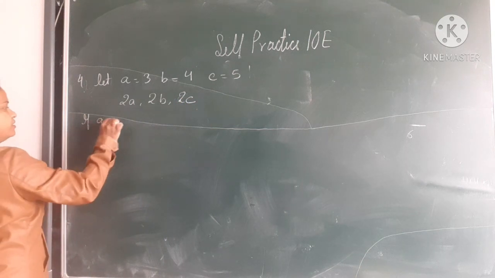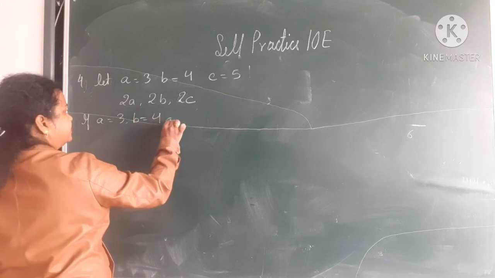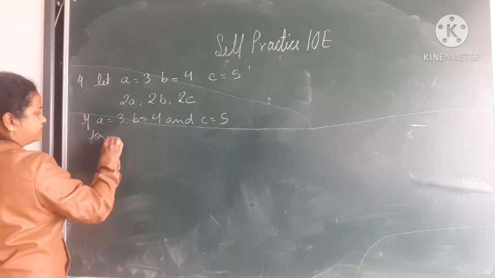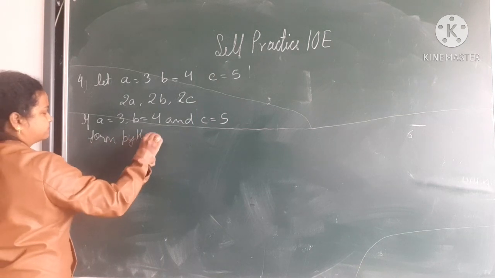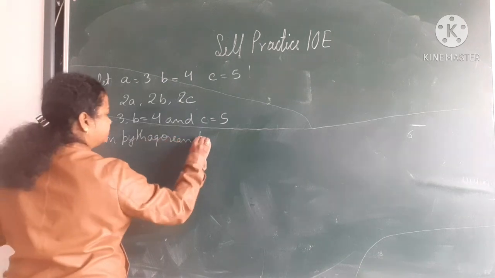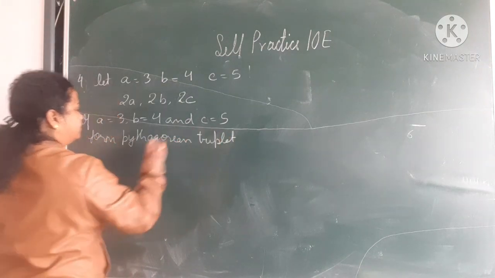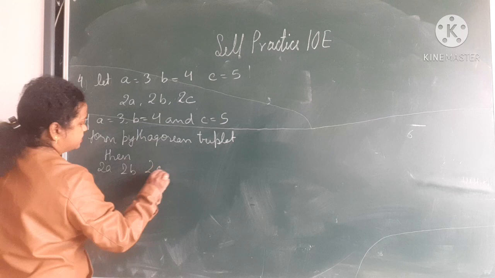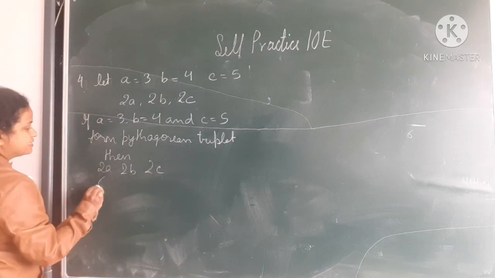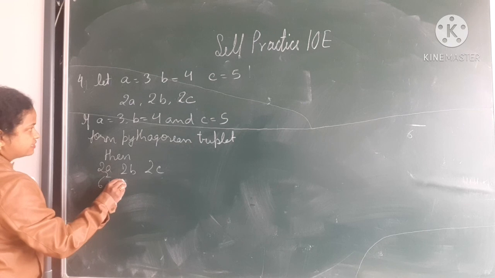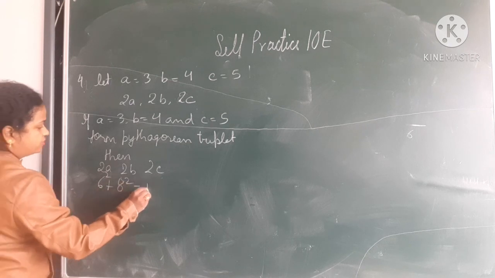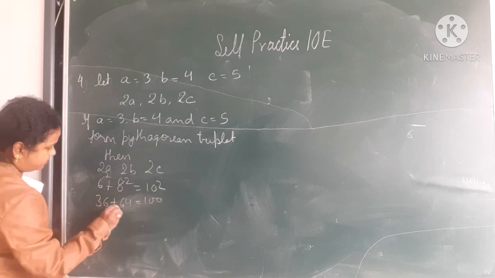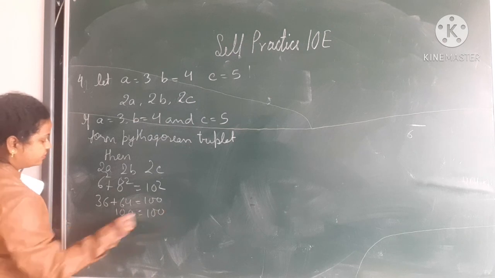If A is equal to 3, B is equal to 4 and C is equal to 5 form a Pythagorean triplet, then 2A, 2B and 2C are 6, 8 and 10. 6 square plus 8 square is equal to 10 square. 36 plus 64 is equal to 100, and this is also 100.